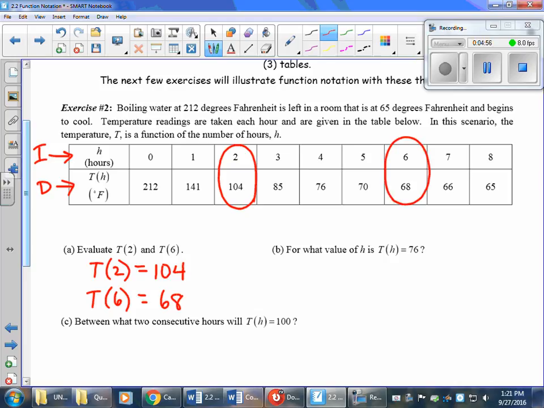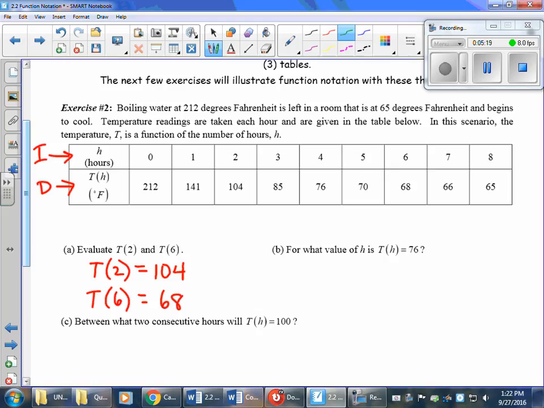Now, B says for what value of h, so this time we're looking for the independent variable, is T of h equal to 76? So this time we're being asked to look for the dependent variable.